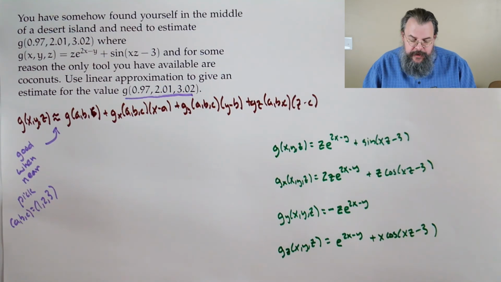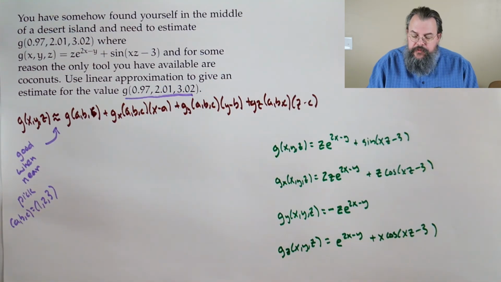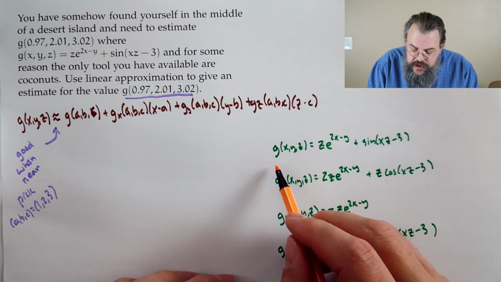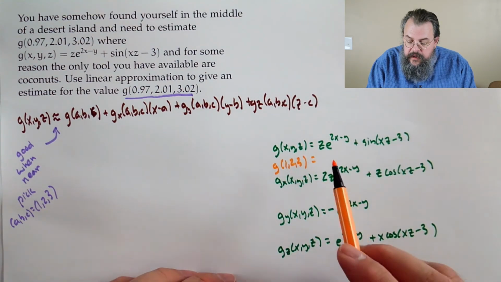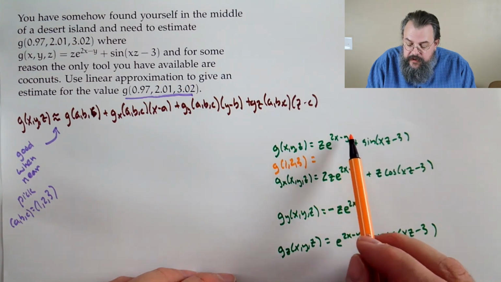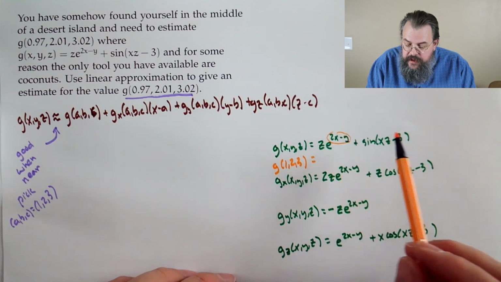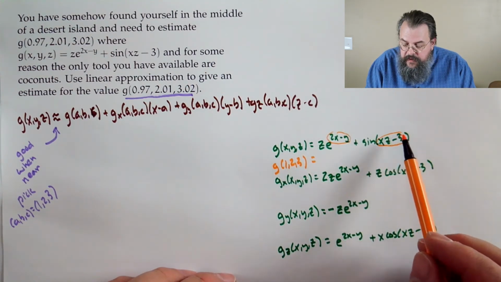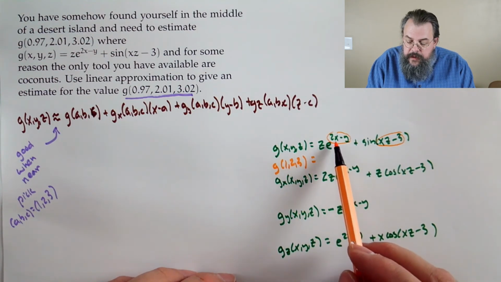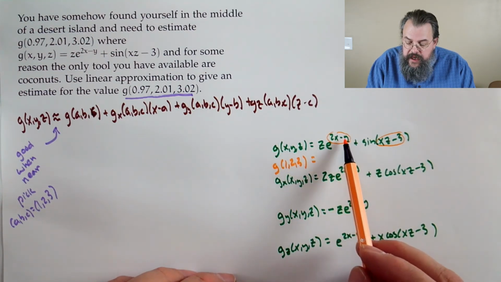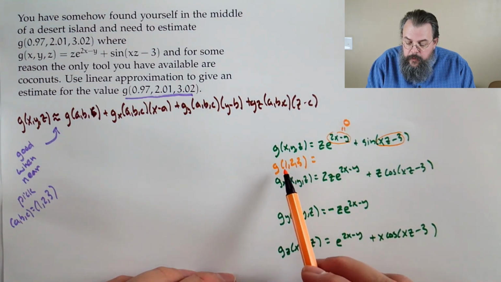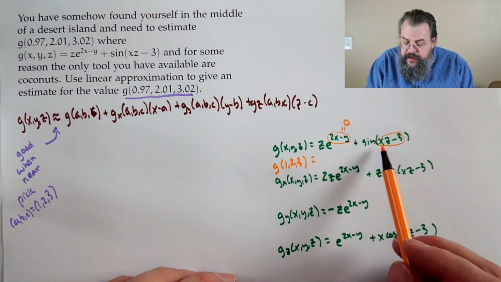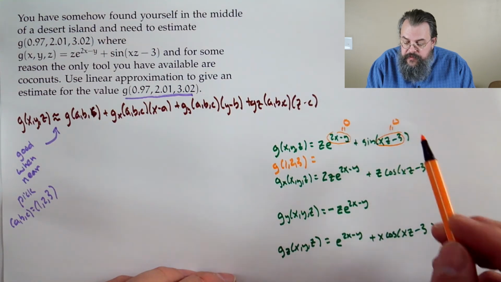So what do we have? We're going to plug in 1, 2, 3. So g of 1, 2, 3 is, let's focus on these pieces because they're going to show up a couple of times. 2 times 1 minus 2 equals 0. 1 times 3, that's x times z, minus 3 equals 0.